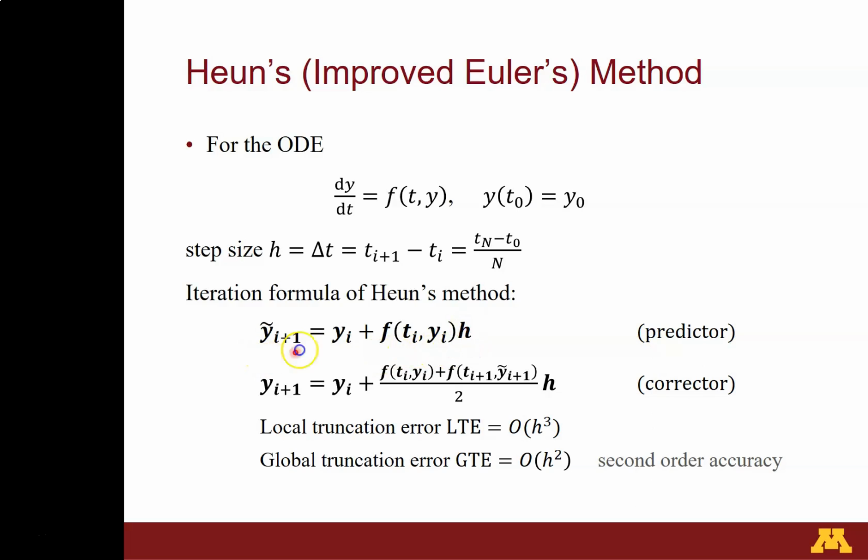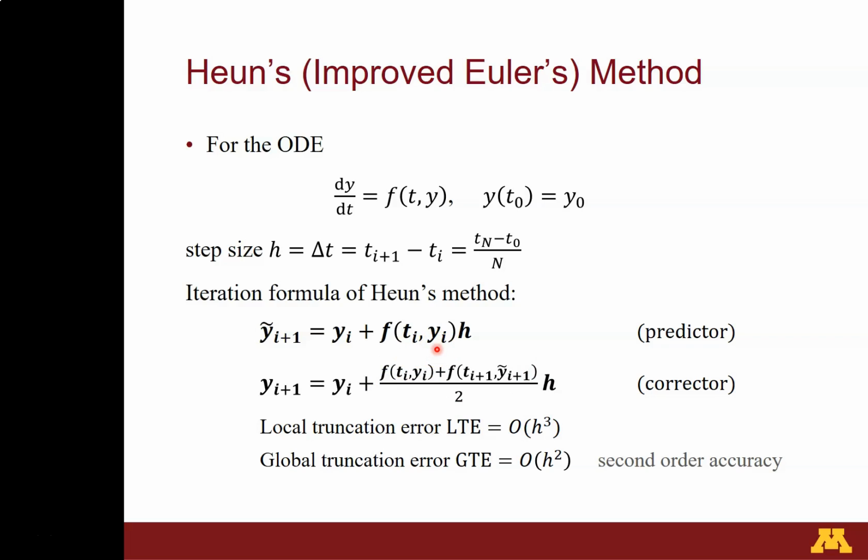So use this estimate of y, and then we have the corrector. This formula we call the corrector. So yi plus 1 equals yi. So look at here, the slope. Actually, you see, this is the slope of the Euler method here.